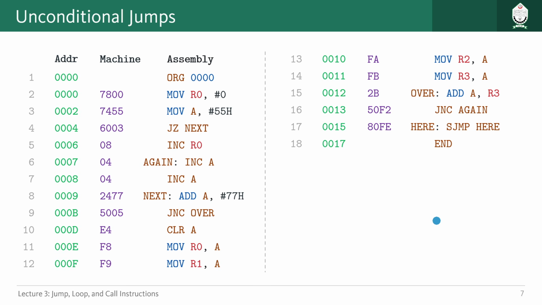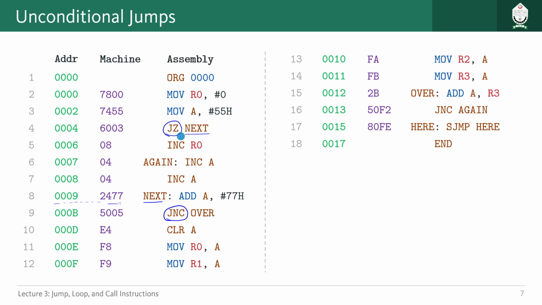Let us look at two conditional jumps: jump if zero and jump if not carry. First let us look at jump zero. Here, if the condition is fulfilled, they have to go to the next label, which is in this particular line.